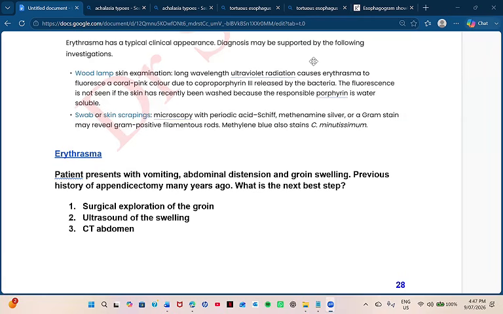First of all, you have to get an idea about the obstruction. In that case, if CT is available, we can go with CT abdomen, right?